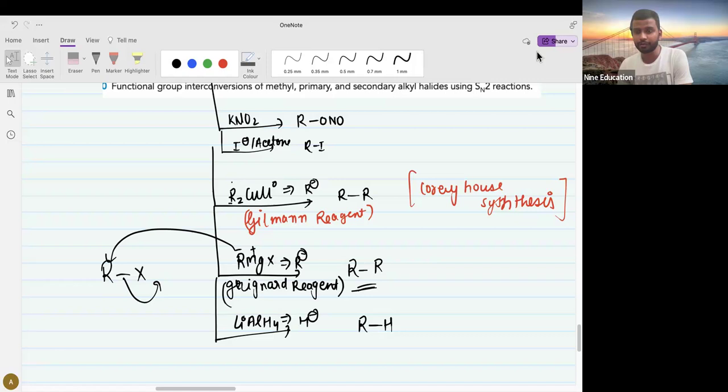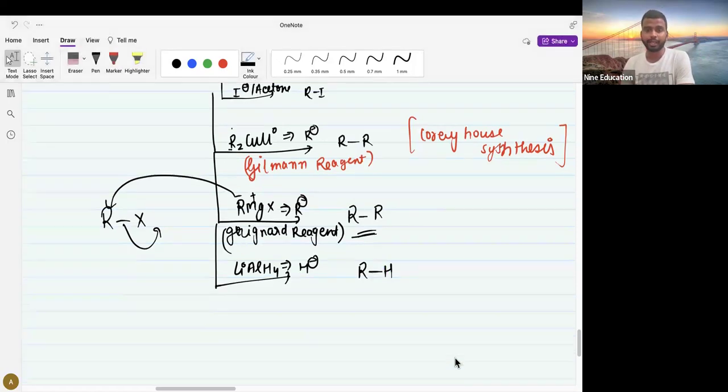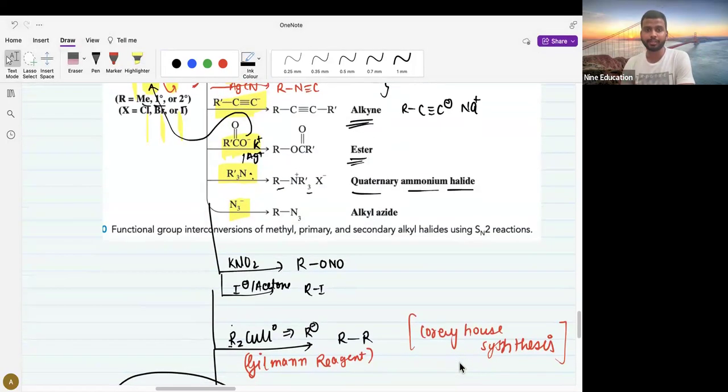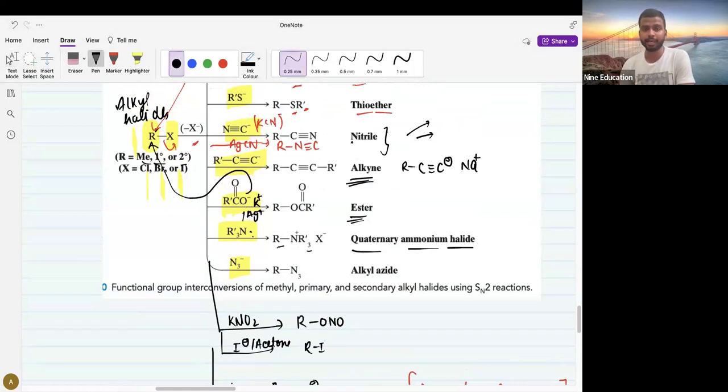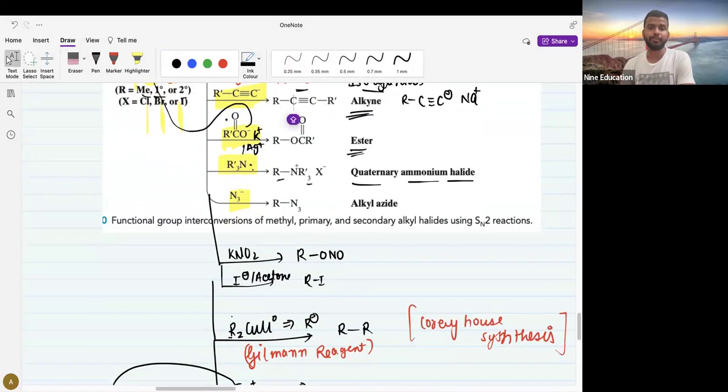Sir, what is found when we add AgCN? Beta, when we add AgCN, isocyanides are formed. We call it isocyanide, RNC is formed. Similarly, if I add KNO2 or AgNO2, what will form?